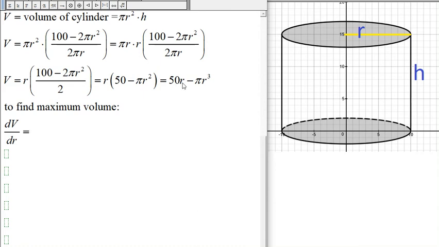The derivative of 50r is just 50, minus pi times the derivative of r to the third, which is 3r squared. So this becomes 50 minus 3 pi r squared. Now we need to set the derivative equal to 0 and solve for r.